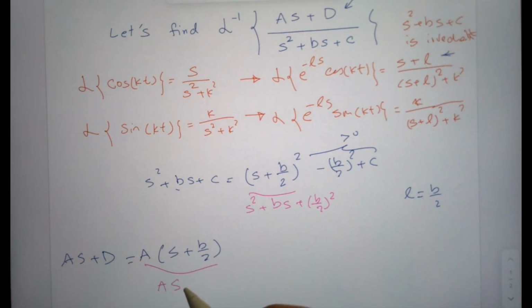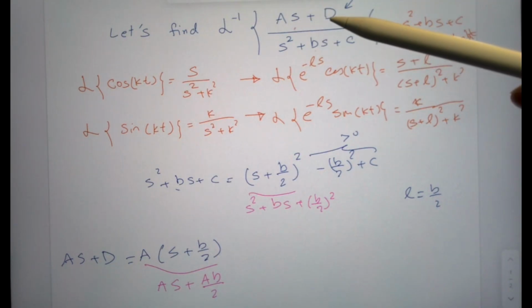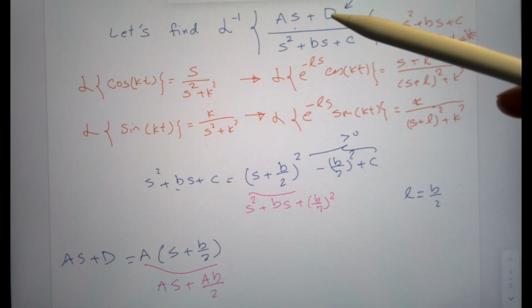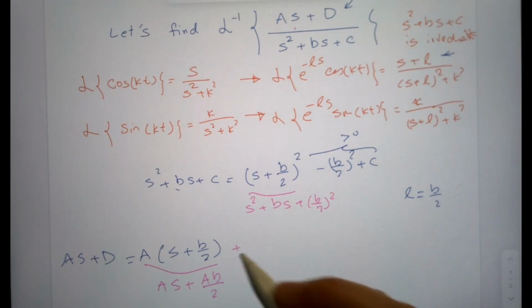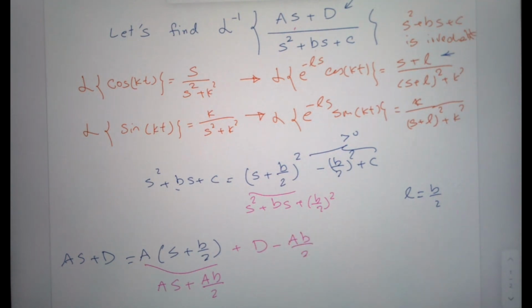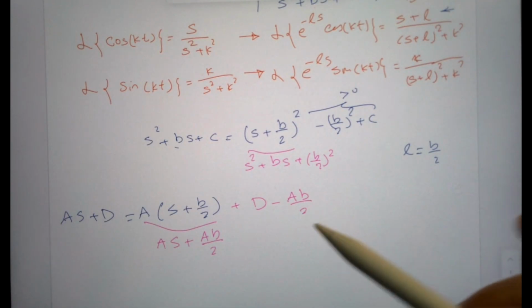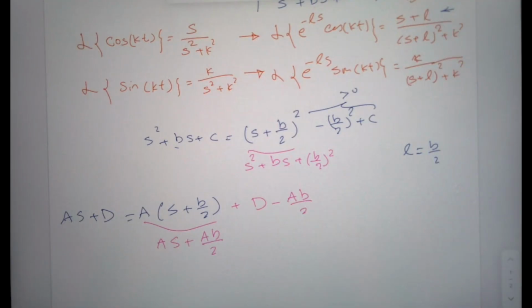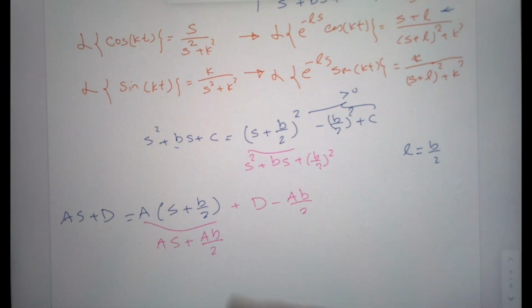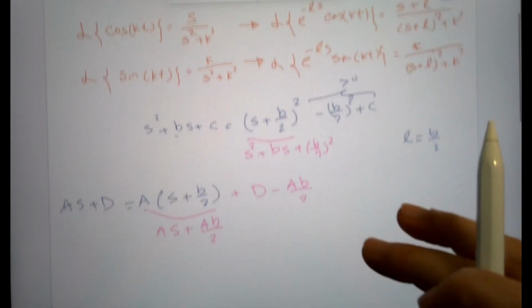It's going to be A s plus capital A times b half, and A s is already here. I need this entire thing to add up to D. So what is left is going to be D minus A times b over 2. Now, this may not be k, so what do I need to do? I need to divide this by k, factor it out, and then have the k outside. How is this going to work?